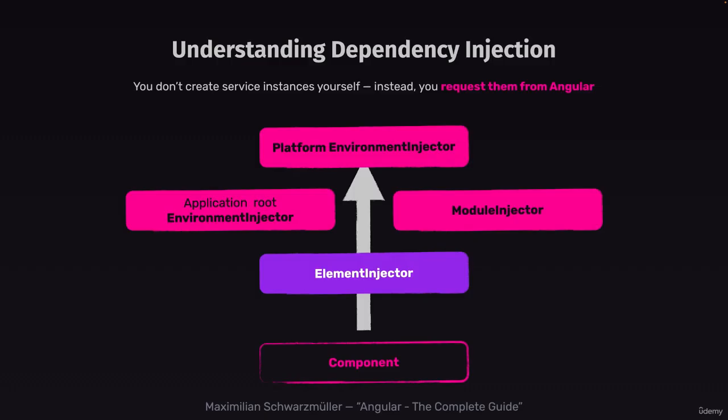So if you want to inject a service into another service, which is something we'll do later, the element injector is not really an option because those other services aren't elements and therefore don't try to get values from that element injector. But for components and directives, the element injector is part of that injector tree Angular looks up.